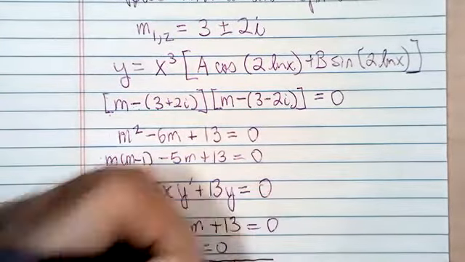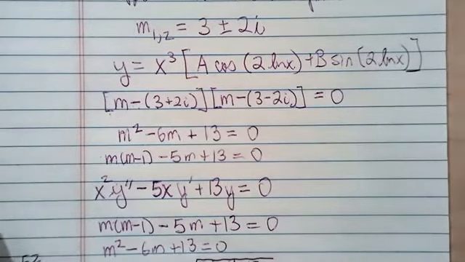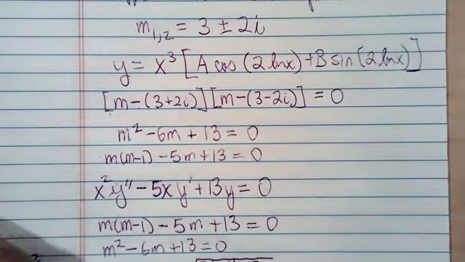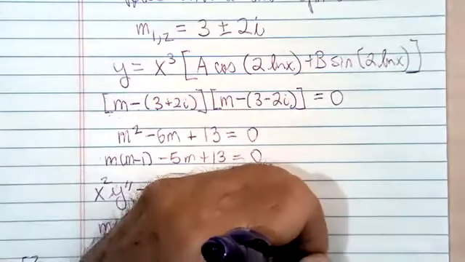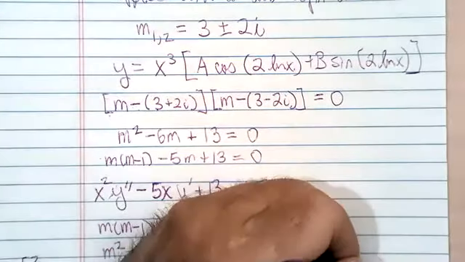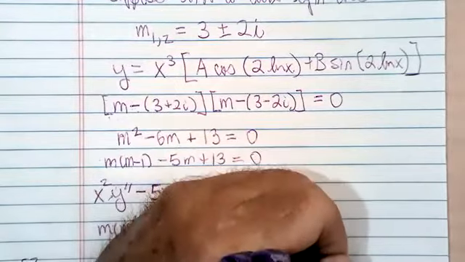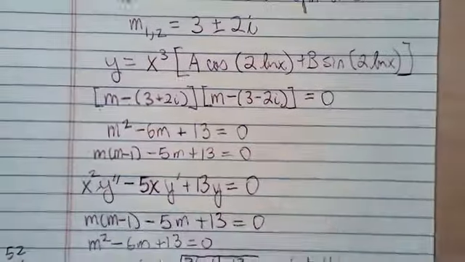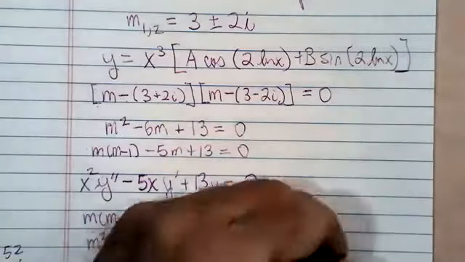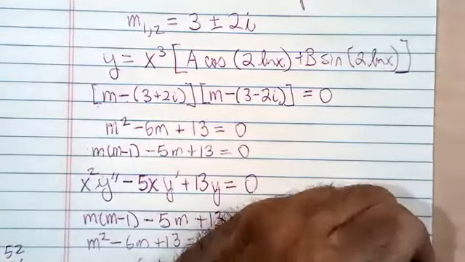this is the cliffhanger here. 6 plus or minus the square root of 36 minus 52, which is minus 16. So 6 plus or minus square root of 16 is 4. Oh, that was an i, though, I forgot that. So I got 3 plus or minus 2i.